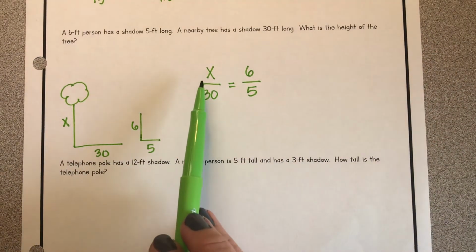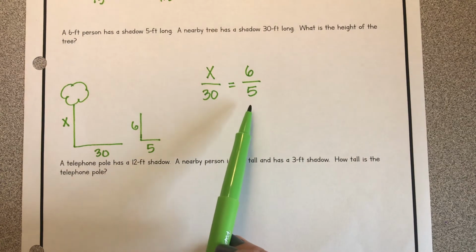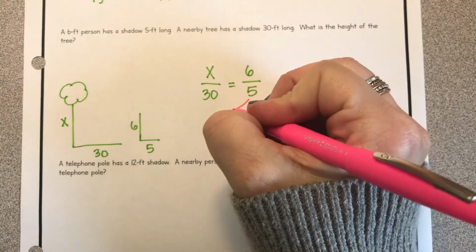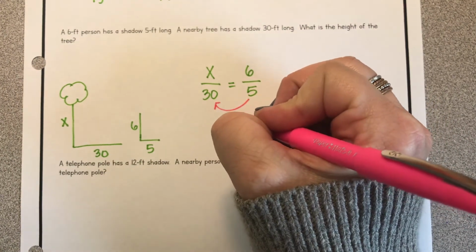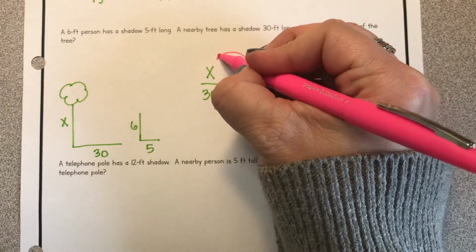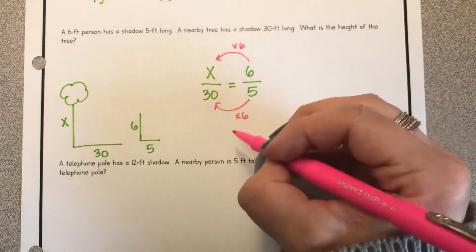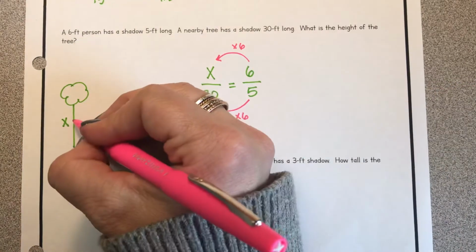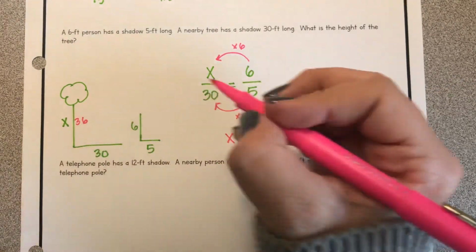You'll notice I did height over shadow equals height over shadow. That's the most important part, that we keep that set up the same. Now 5 times 6 is 30, and 6 times 6 would be 36. So my tree would be 36 feet tall.